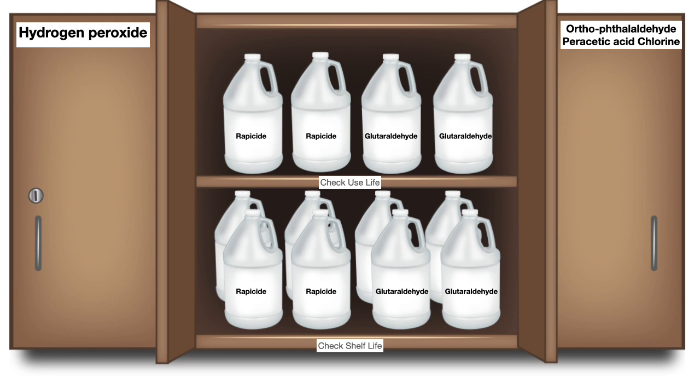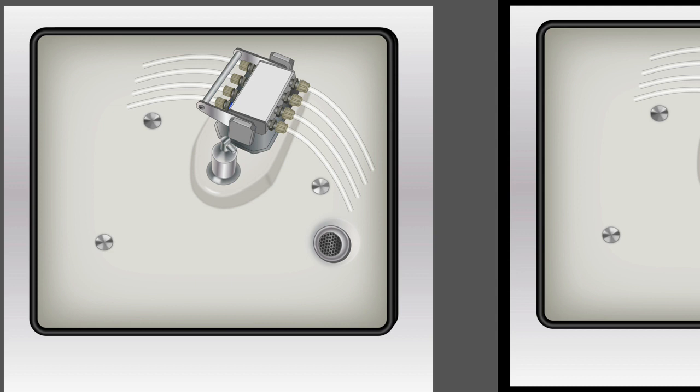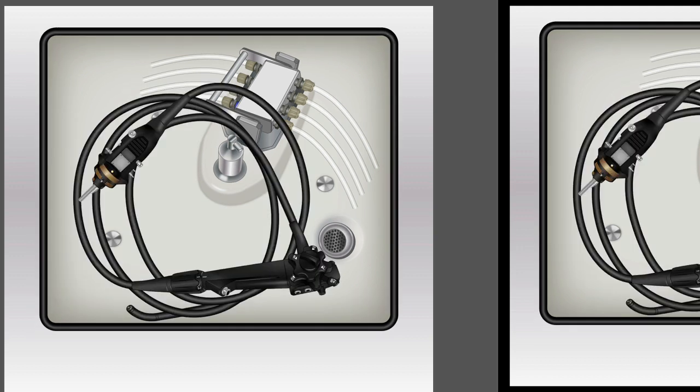So once these solutions are used in the automated endoscope reprocessor, otherwise known as AER, or high-level disinfection unit, you take the scope and place it inside the machine, and then it's important to connect with an adapter that can connect the different outlets and the channels to the scope, and those connections should be secure.